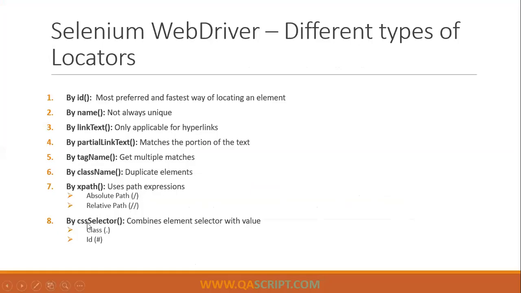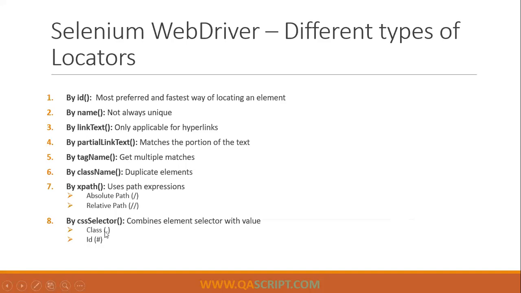Now, coming to the next one, the CSS selector. It combines element selector with the value. So you have to provide the selector type and the value to identify an element using CSS selector. And there are two types. One is class, one is ID. Now class is identified by a dot and ID is identified by a hash sign.